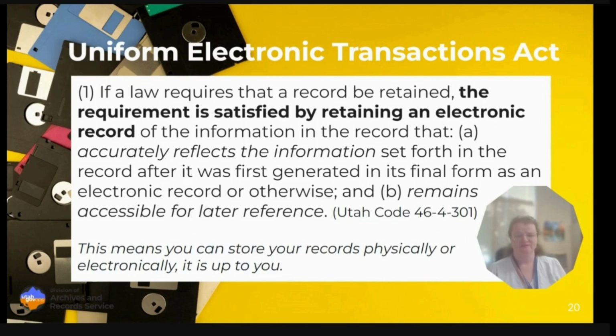As long as the information in the records is the same as it was in the paper format, and you have the ability to keep the records accessible, you may find that an electronic record suits your agency's needs. Just be ready to migrate records to the newest electronic format. Electronic record formats and file types can quickly become obsolete and make records unreadable and inaccessible. So don't store all of your electronic documents on floppy disks.